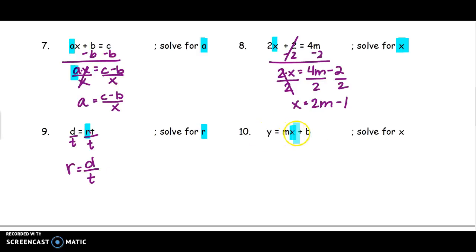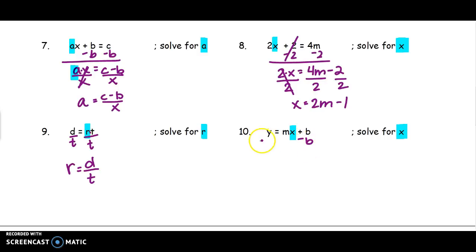Y equals mx plus b is the slope-intercept form. We're going to get into this a lot, really deep later. And we're going to have some fun with it with graphing and being able to write equations. This is one of the forms we'll write it in. But for now, we're just going to solve for x. So since x is attached to one of the variables, we have to move what's not attached to it first.